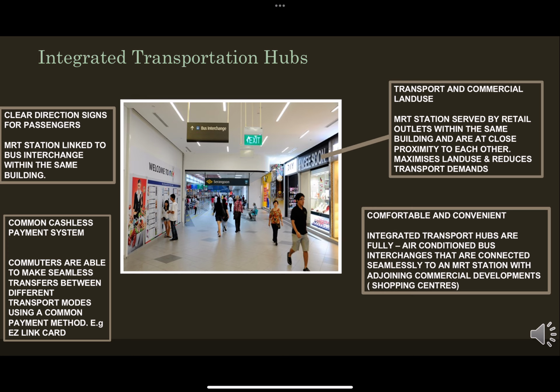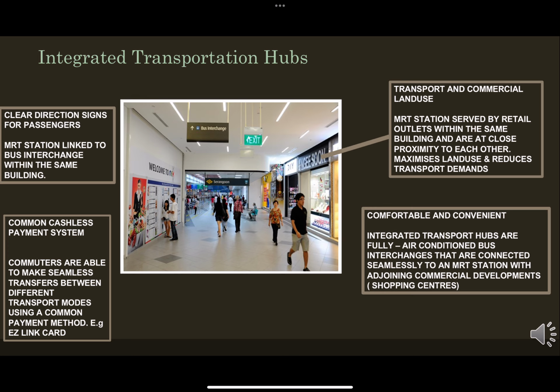facilitate passenger movement. Okay, secondly, you see that there is also a common cashless payment system. What is meant by that is that when you use a common cashless payment card, like for example your EasyLink card, you can use it not just to use the bus services, you are also able to use it for your MRT services, and you can also use it for other commercial use, for example.